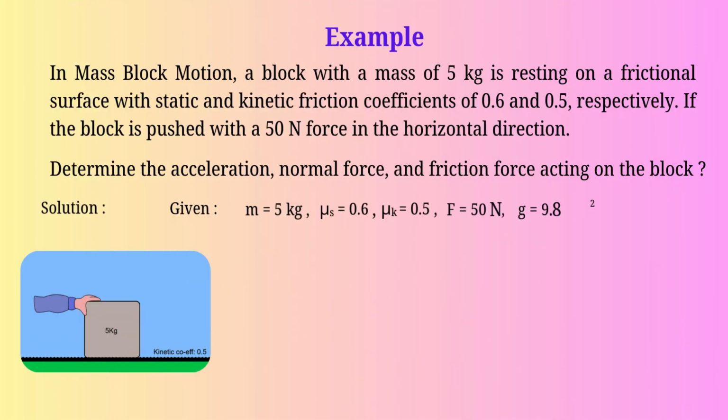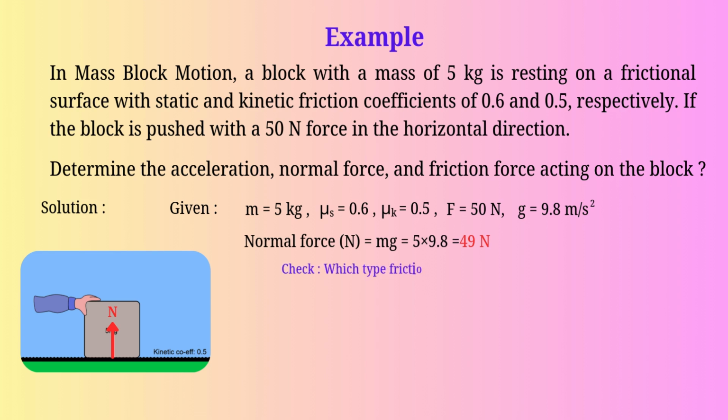Now, let's solve the question by using the formulas. Here, the normal force is equal to the mass multiplied by gravity and acts perpendicular to the surface. Now, let's determine the maximum static friction force to identify which type of friction will act at the given force. Here, we found it to be 29.4 Newton.